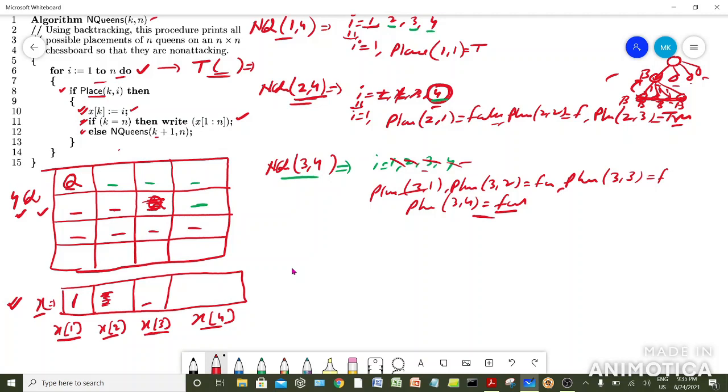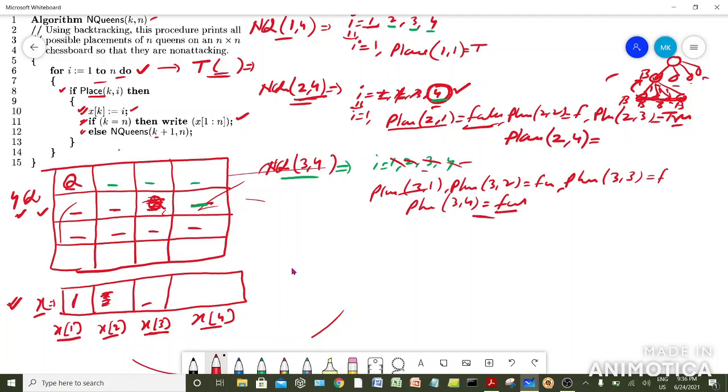Okay, so again just try to trace it. So what exactly do we wish to have? We wish to place the second queen in the fourth column, means this one. So try checking if we can place the second queen, in the second row, at the fourth column or not.